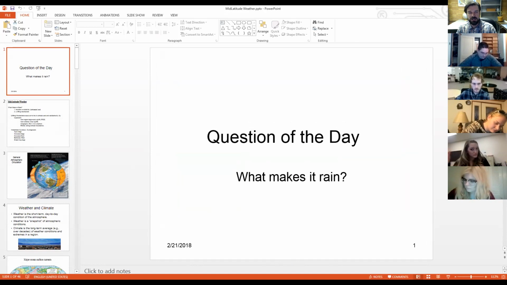That's what physical geography is all about, in my opinion. So a question for today is, why does it rain? We know why the sky is blue during the day. We know why it's orange and red at sunsets and sunrises. We know the reasons for the seasons. So now we want to think about what makes it rain. How does rain occur?